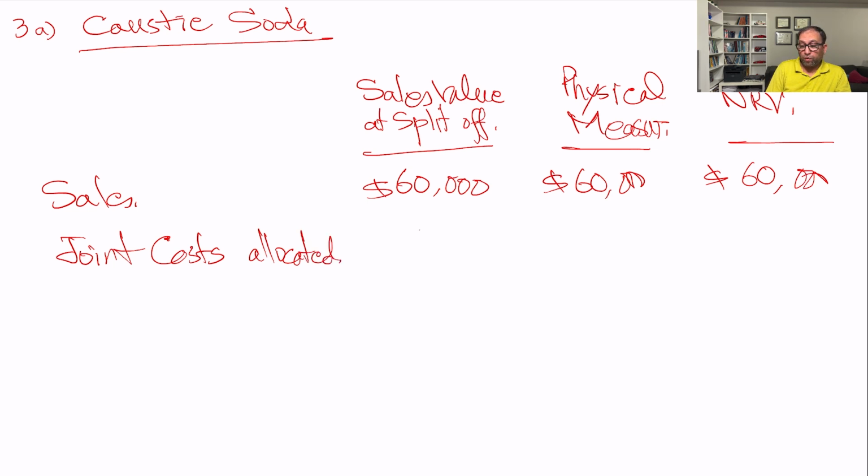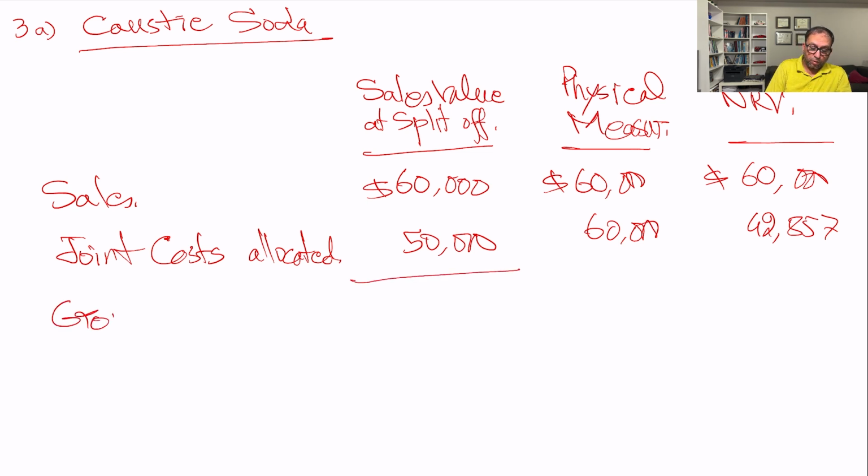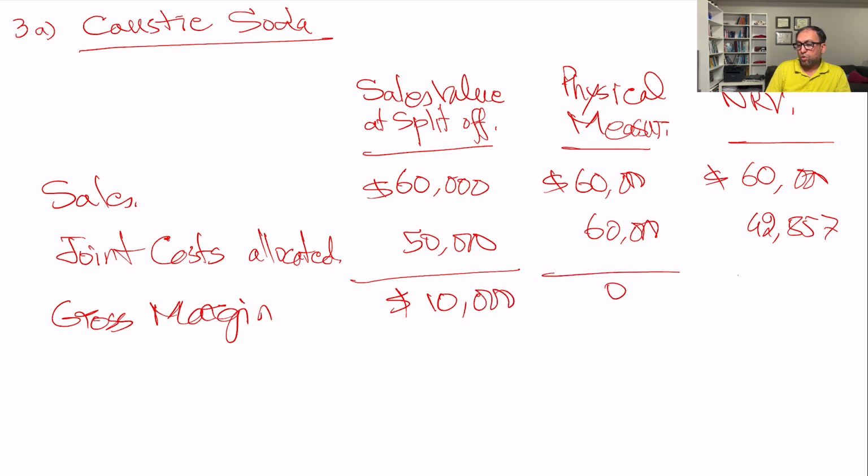In this case we have 50,000, in this case we have 60,000, and in this case we have 42,857. If we subtract, we can get the gross margin. So here we have 10,000, here we get 0, here we get 17,143, and we can write the gross margin percentage as well.